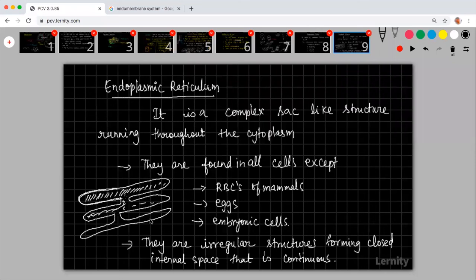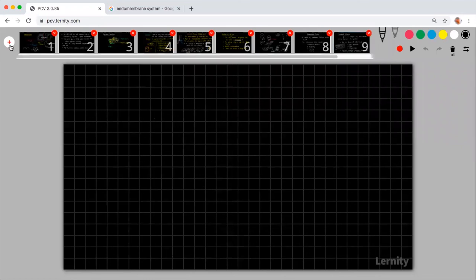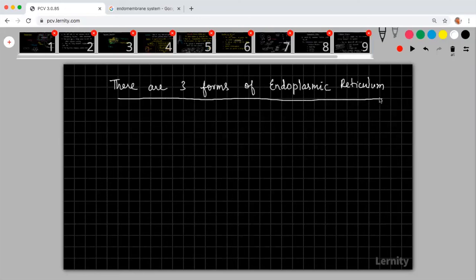Okay. So now the last part of today's class. There are three forms of endoplasmic reticulum. The first form is what we call cisternae. Okay.